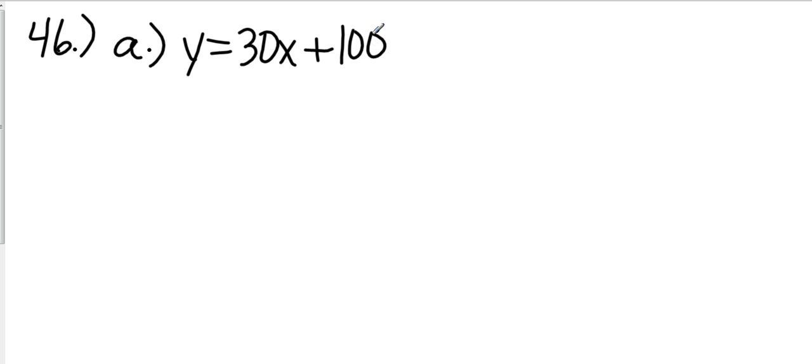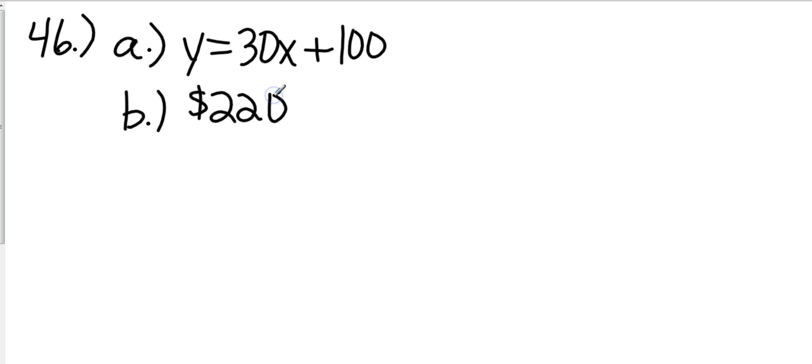So we need to look at number 46 and find out which cost is fixed. So let me give you the answer first to letter A. The answer is y equals 30x plus 100. And then the answer to letter B is $220.